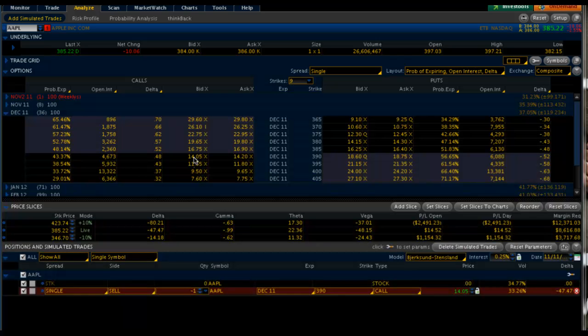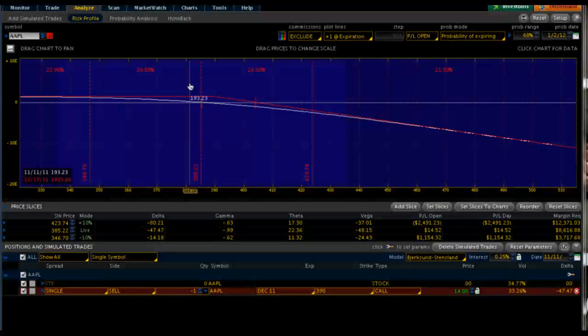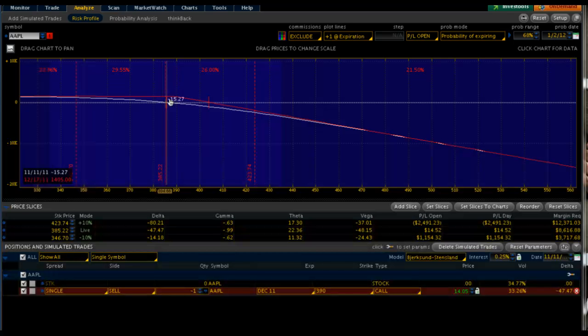But that right there would be naked, which means if the stock goes up past $390, if it keeps going up, someone could exercise their right and say, okay, I want your 100 shares of Apple. Well, you don't own 100 shares of Apple. If this thing goes up to $450 and they exercise their right, you sold it at $390. Now you have to go out into the market and purchase it for $450 and sell it to that person at $390, which would lose you $4,800. That is your obligation. That is being naked a call.